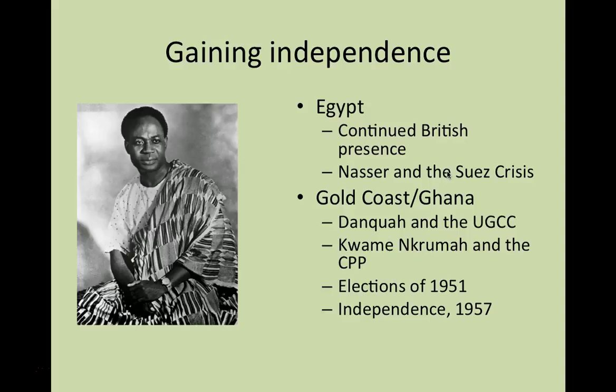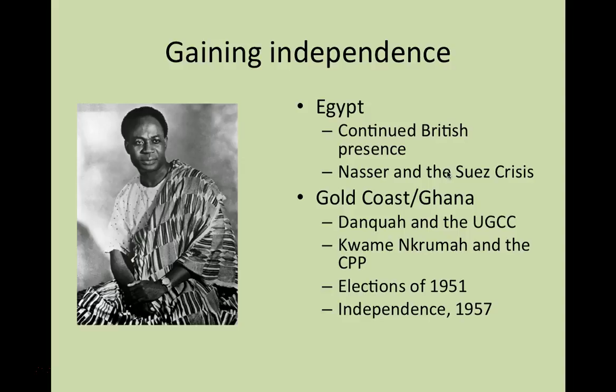He became a sort of martyr figure for them during that period. And in the regional elections of 1951, that the British allowed in Gold Coast, really, again, trying to create partner institutions and reform the system rather than granting full independence.